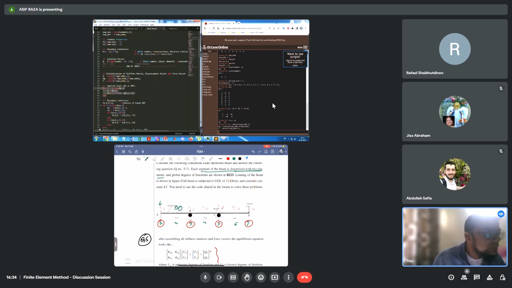In q we have node number 5 and node number 7 where we are applying the loads. In line number 39 we have for I equal to 1 to size of q comma 1, and size of q comma 1 will give me 2. So we are iterating I from 1 to 2.